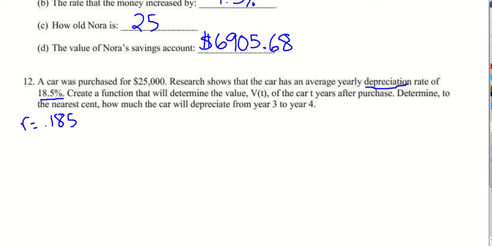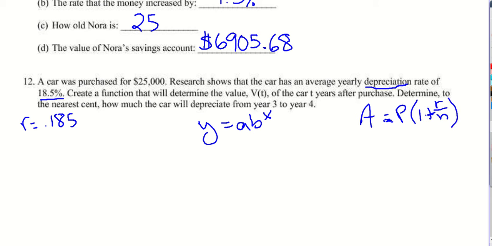So this goes down per year, so I know that I can use this function, ab to the x, or if you want to use the other one, remember that's A equals P, parentheses 1 plus r over n, raised to the nt.